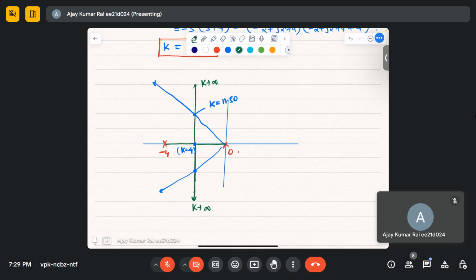This we know because it starts from here.